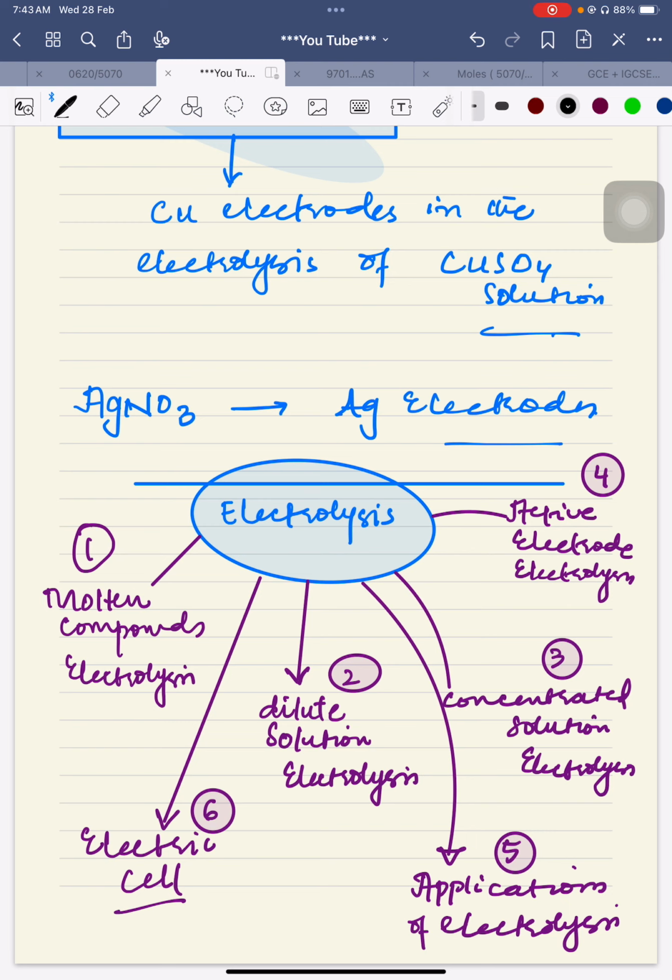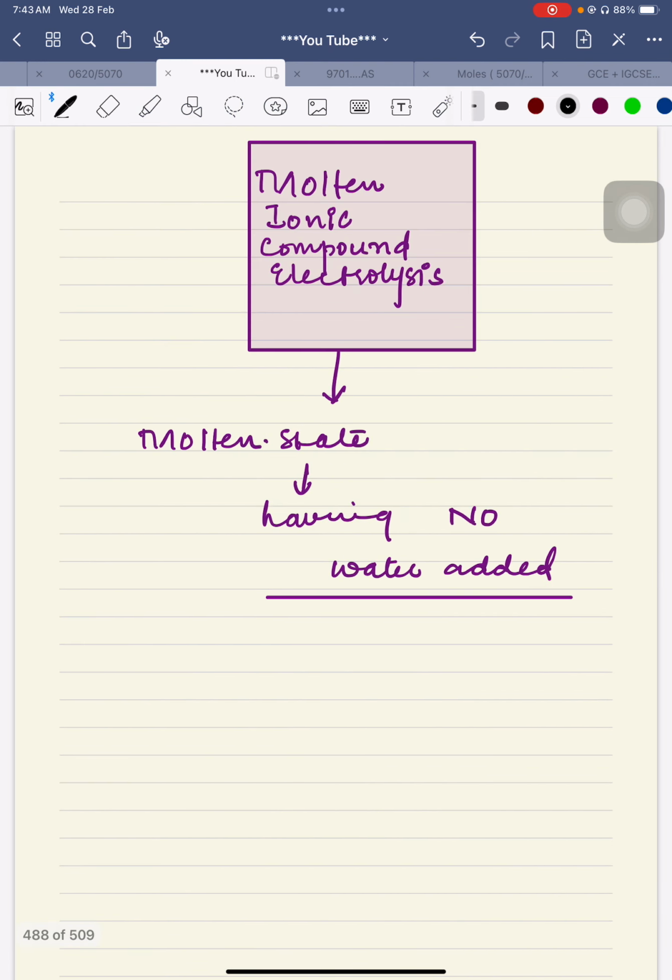So right now I'm going to discuss the electrolysis of molten ionic compounds. Molten state means that no water is added to it.